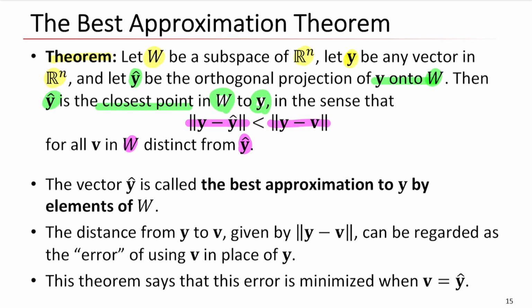Before that, we can say that vector y hat is called the best approximation to y by elements of W. The best approximation means the error between the original vector y and the approximating vector v in W space is smallest. So what we want to do is find the best approximation to y by an element of W, right?